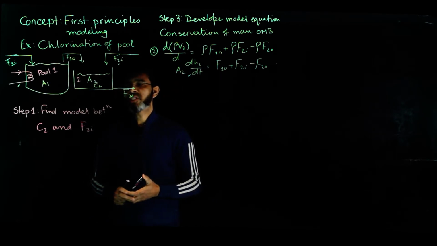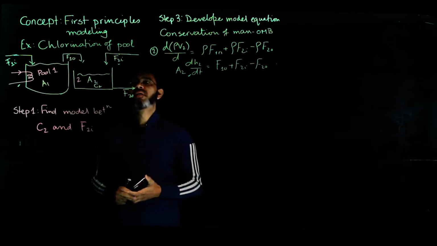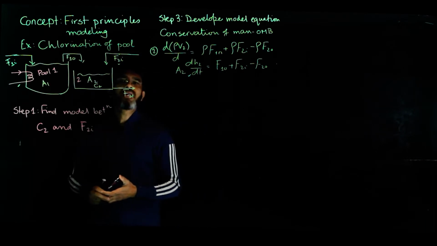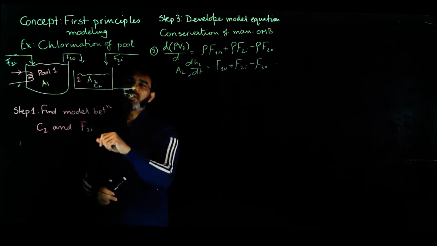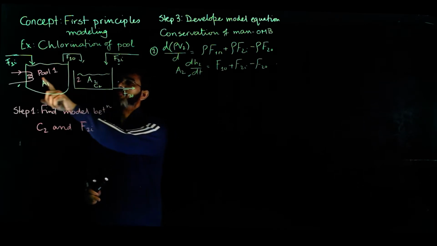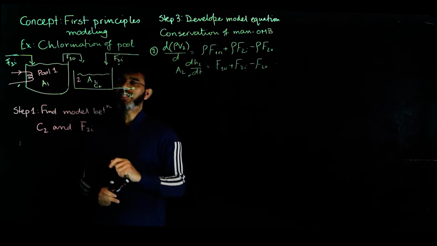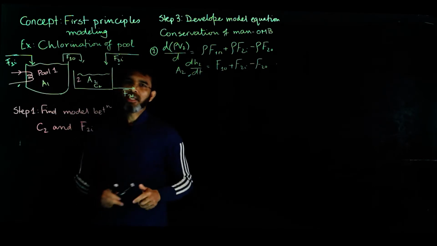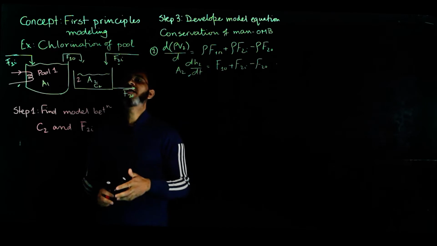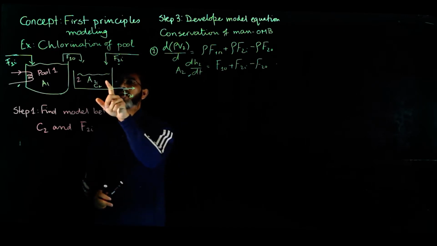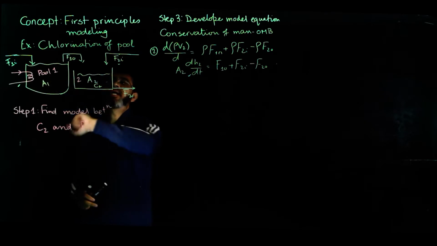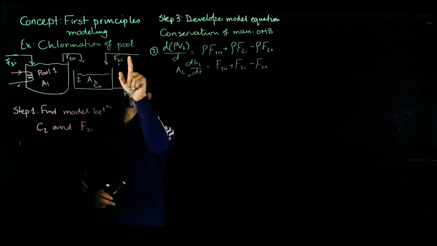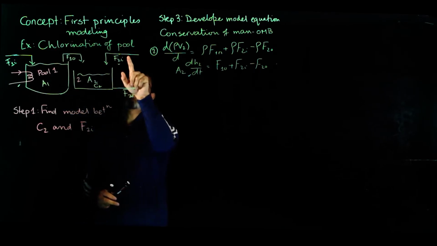Now again, going back to the overall control problem here for this pool case, we may want to find relation between C2 and F2I because we have three variables in this process: the level, the temperature and the concentration. The temperature can be directly manipulated, maintained by manipulating this heater power, and then the chlorine concentration can be maintained maybe by manipulating this flow inlet here, and the level can be maintained by manipulating this flow rate.